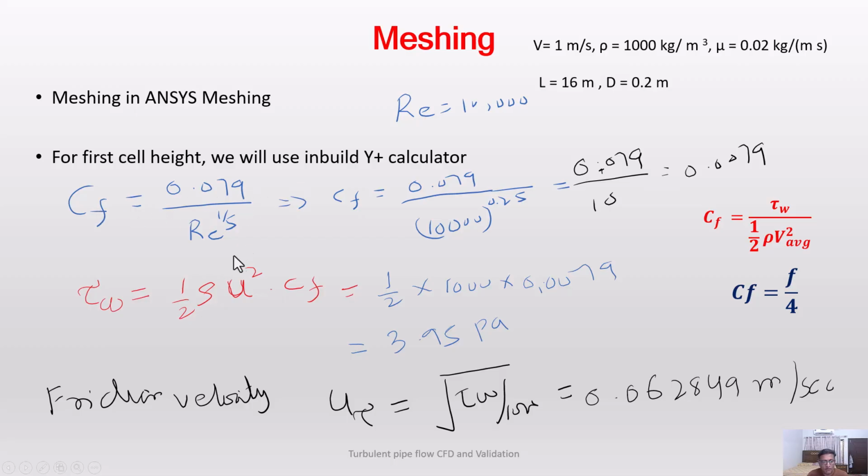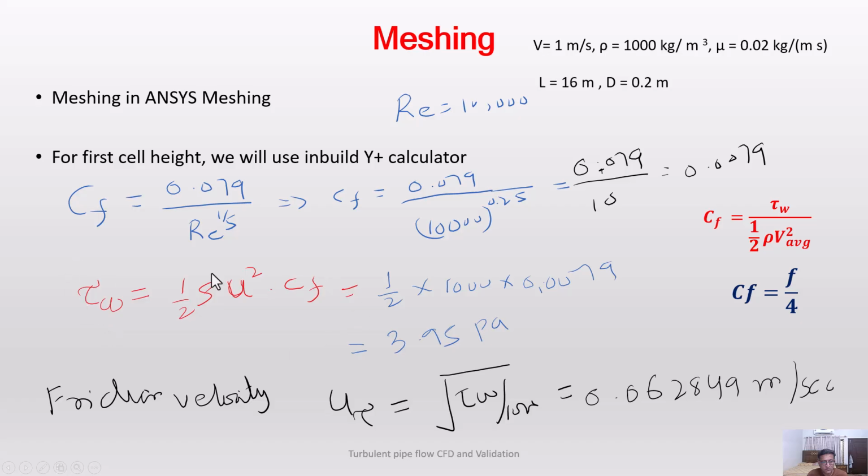So from the CF correlation, I put the Reynolds number, which is equal to 10,000, and the other parameters are given here. So the CF was 0.007, and the wall shear stress divided by 1 upon 2 rho v square is actually the CF, the coefficient of friction.